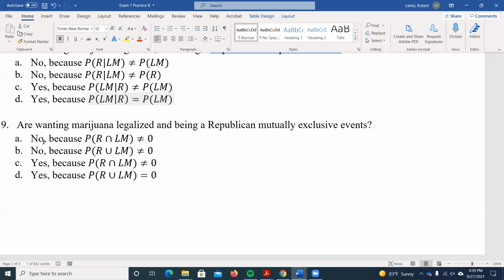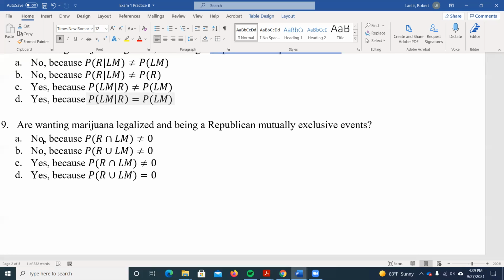In fact, this is kind of a weird one, but the union of two things is equal to 0. What would that mean? Actually, it would mean that neither of those two things can happen. The union of two is asking whether it's this or this. Well, if it's 0, that means I could never see either one of those events. So the answer doesn't even make sense.